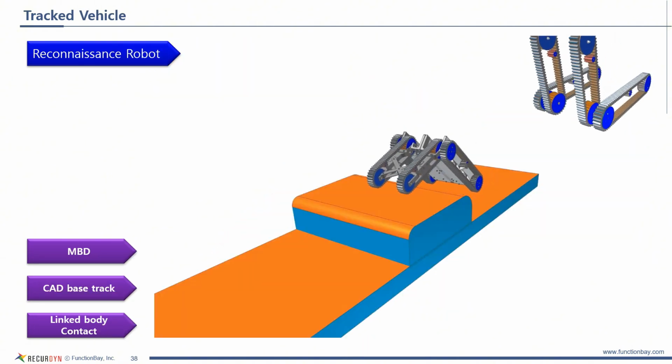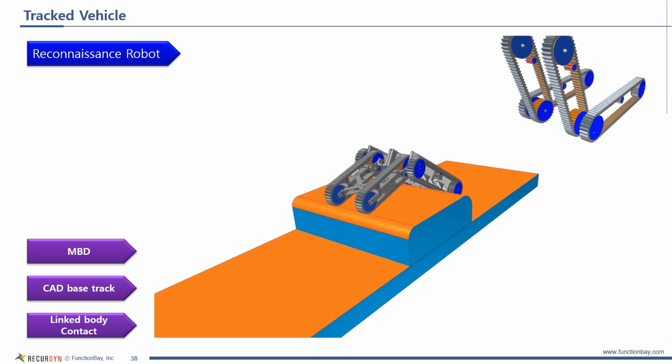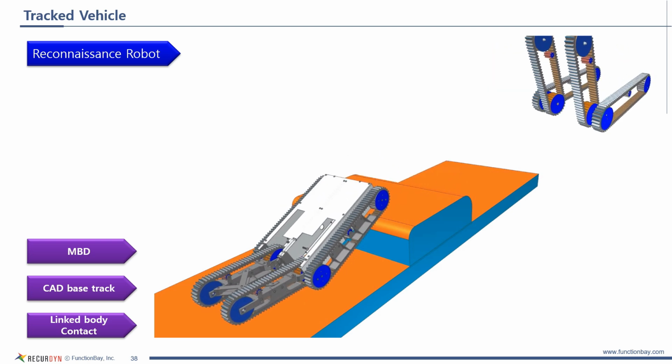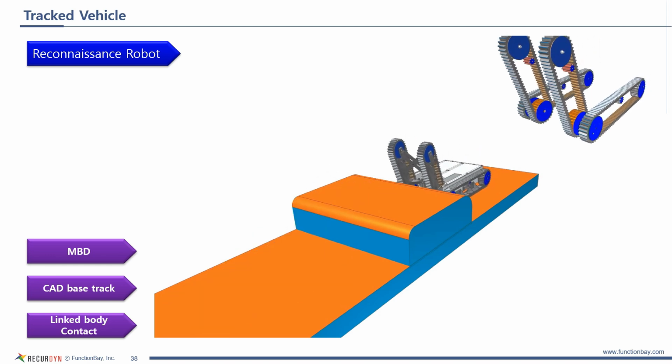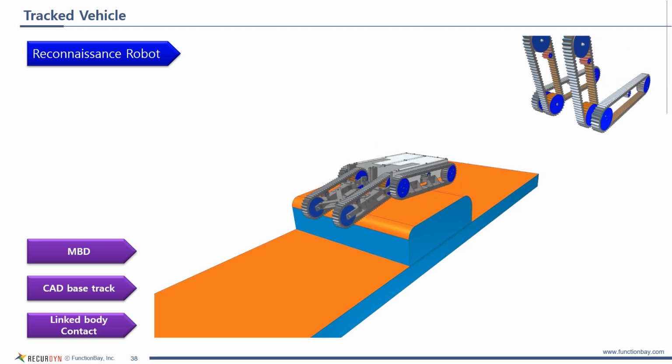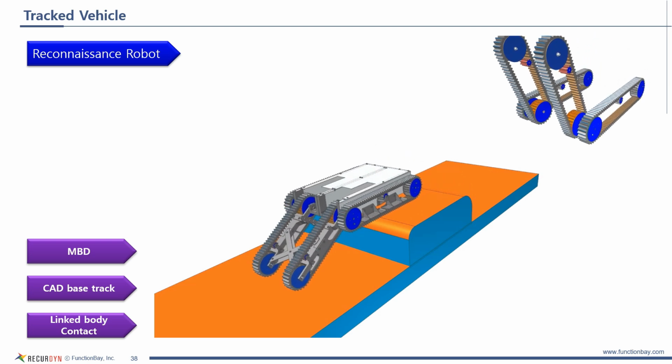Let's take a closer look at some examples of applied track systems. Among the robotic systems mentioned earlier, we have a reconnaissance robot with a track system designed to carry out missions across various terrain environments.